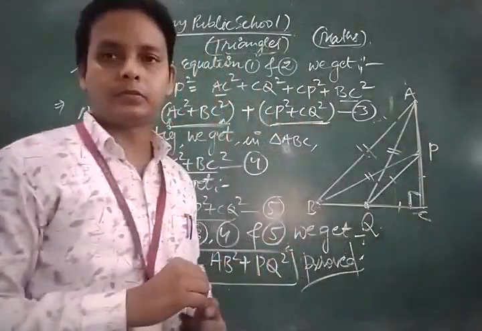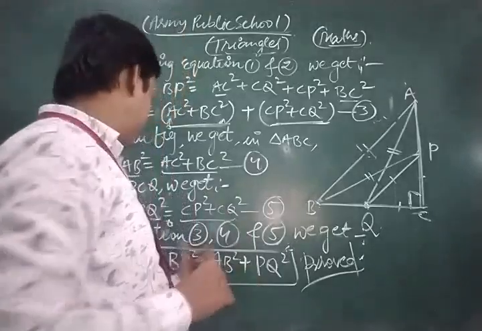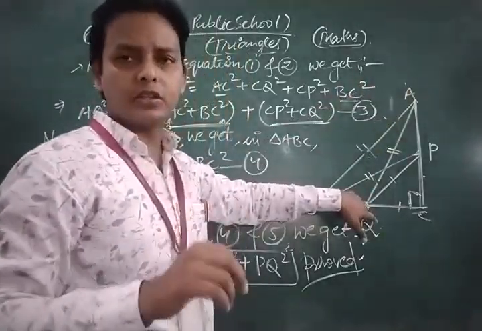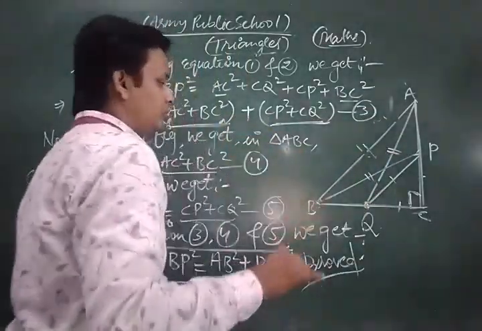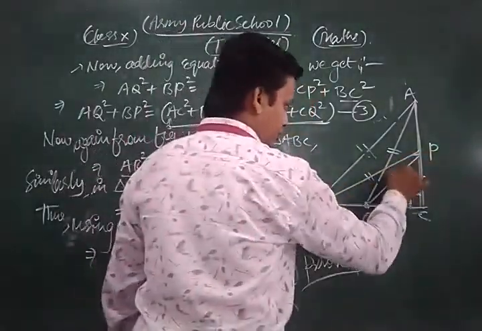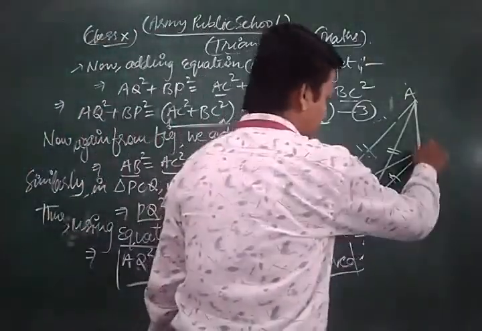Now we find AQ square, so we join AQ. BP square is also there, so we also join BP. PQ square is also there in our group, so we also join PQ.